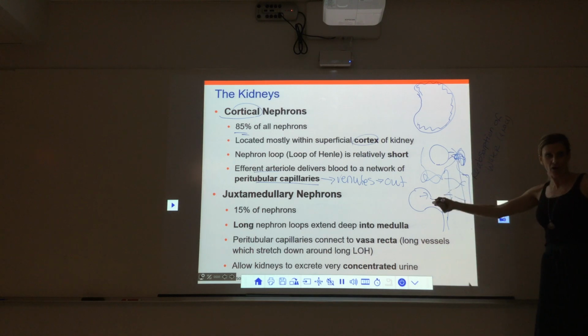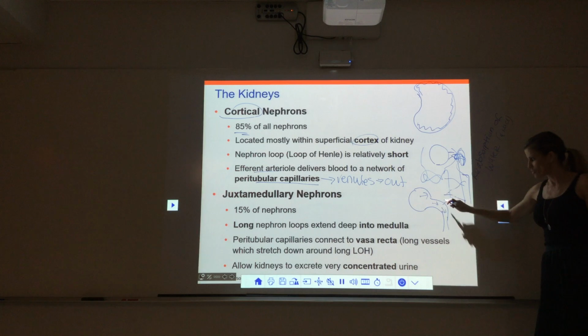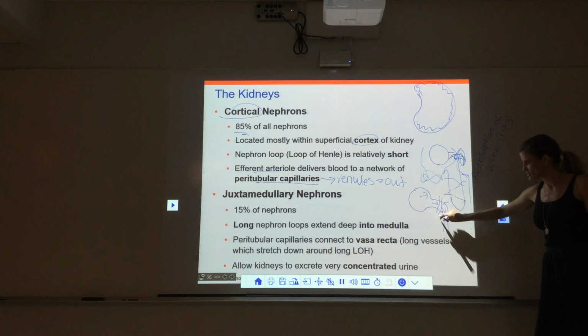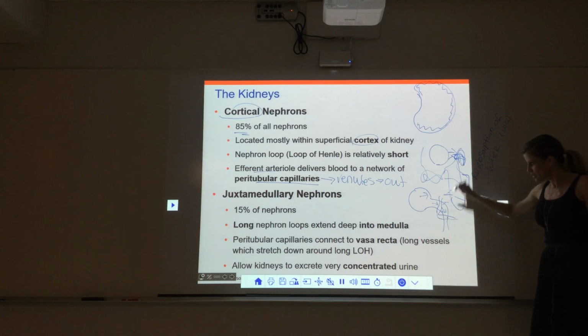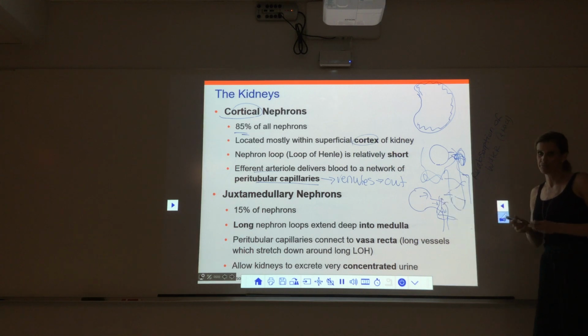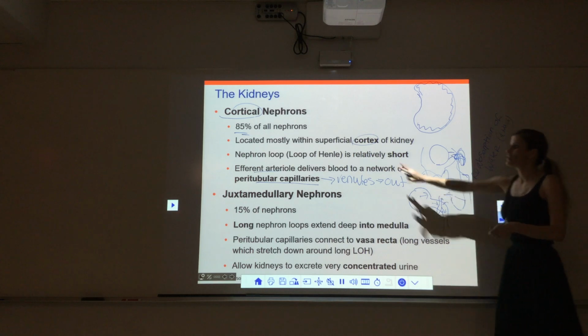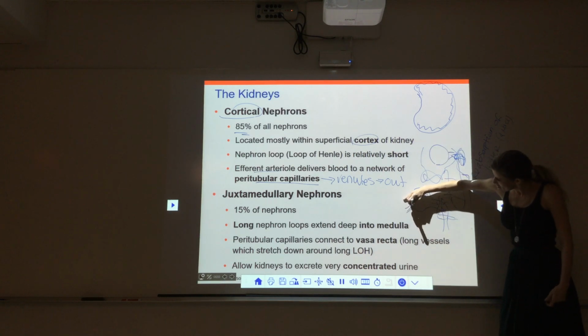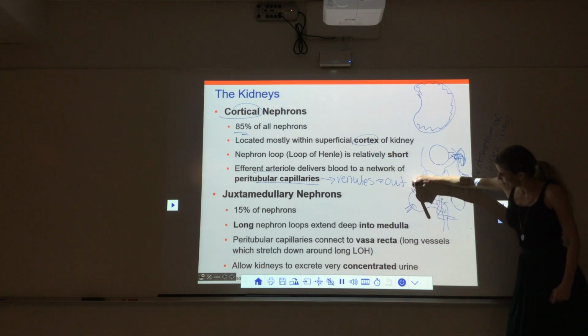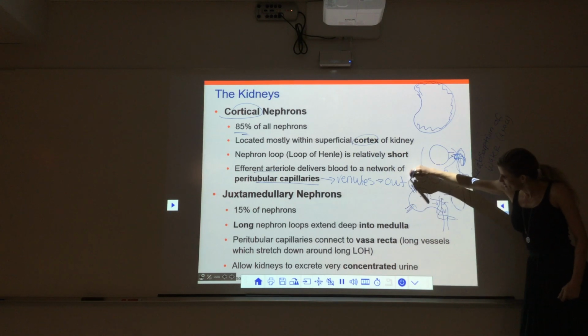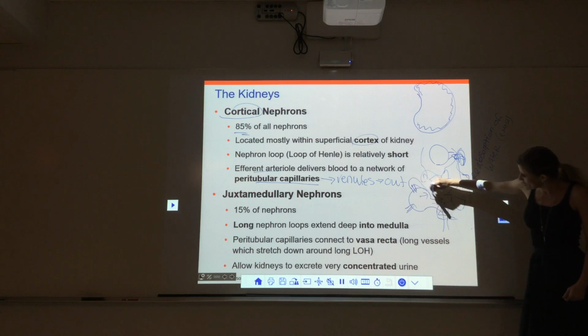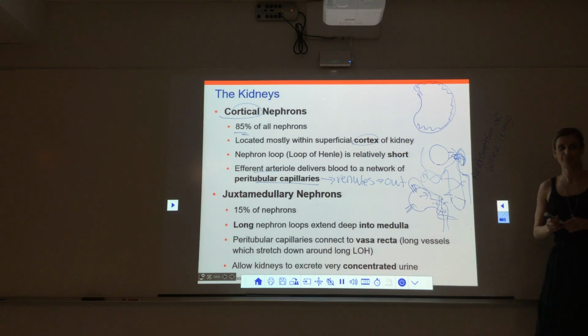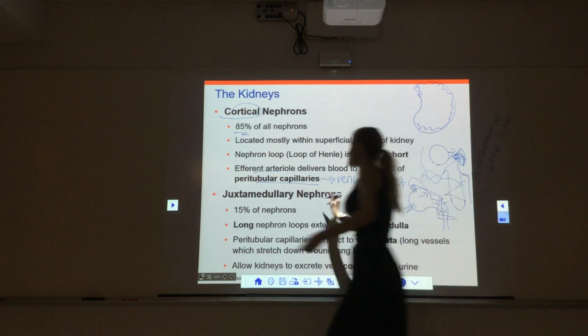It does that via the peritubular capillaries. So the peritubular capillaries are these blood vessels that surround the tubules, so that when we reabsorb stuff from the tubules, it can enter back into the blood. Okay, so when we look at our normal cortical nephrons, blood goes in via the afferent arteriole, it comes out via the efferent arteriole. That efferent arteriole flows directly into these peritubular capillaries, and then into venules, out of the kidney. That's it.